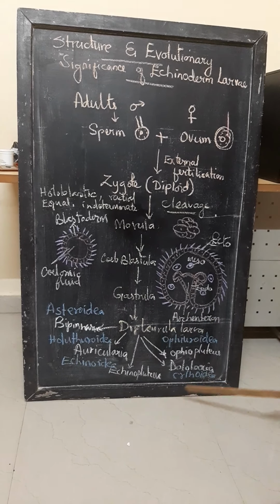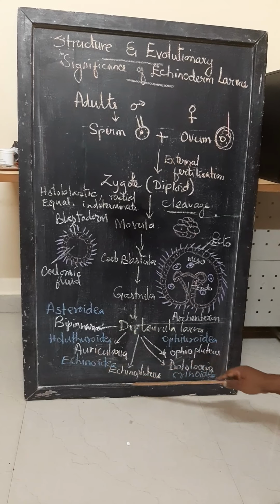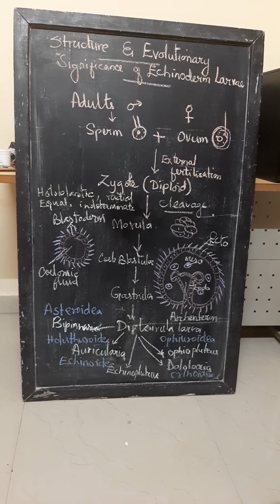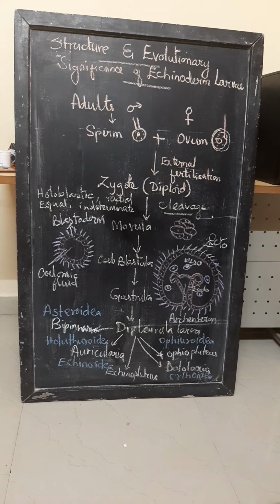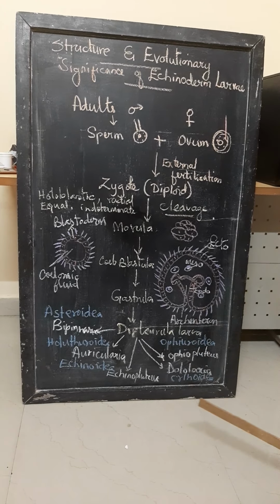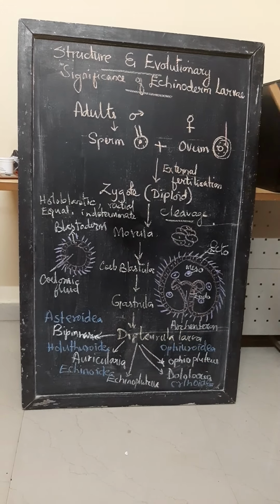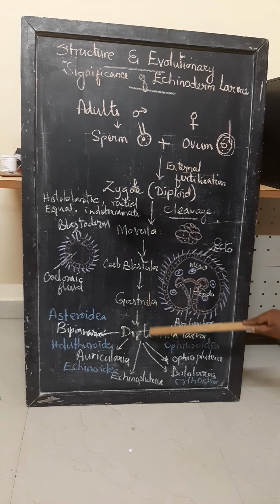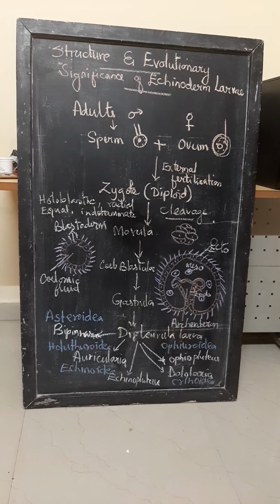When we look at the larvae, almost all the larvae of every class of echinoderms will have all these features of development in common. The common feature is that all larvae are bilaterally symmetrical, and none of the adult characters of echinoderms are noticed in either the larvae or the early developmental stages of the larvae.